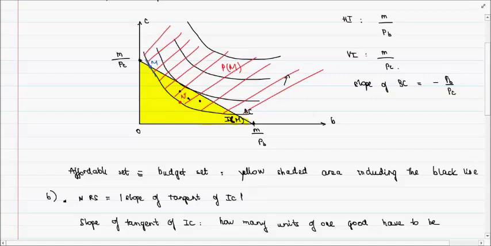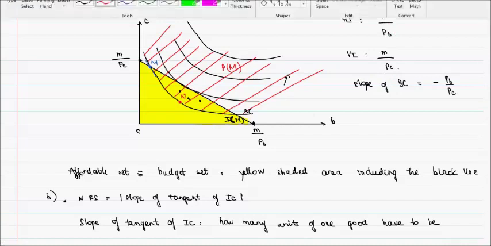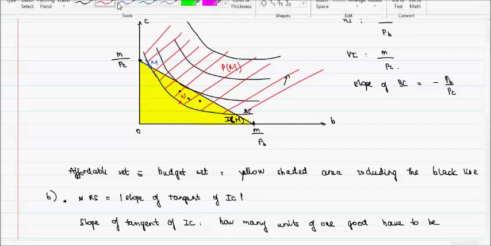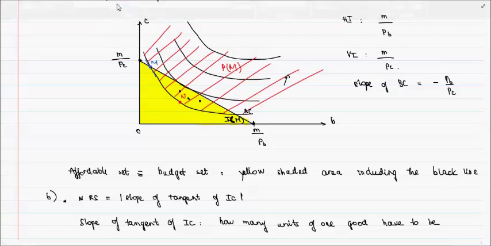However, how much would bundle N cost? As you can see, if you want to see how much it costs, you can draw the budget line that is going through point N with the same prices, PB and PC. Okay, so having said that, it is going to be a straight line, using the red color.